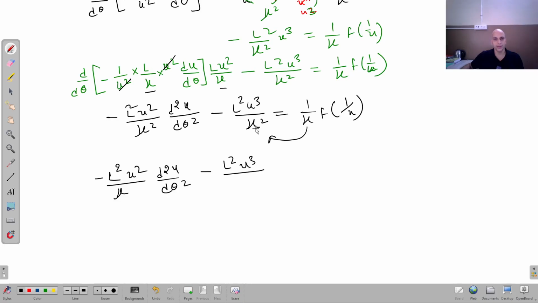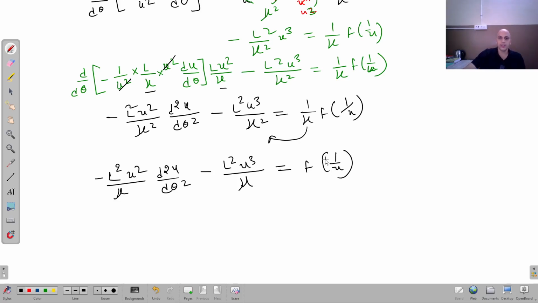When I multiplied by mu on both sides, I am left with only mu here, and here I forgot to multiply, but no, I have multiplied. Okay, so on this side I am left with f of 1 upon u.